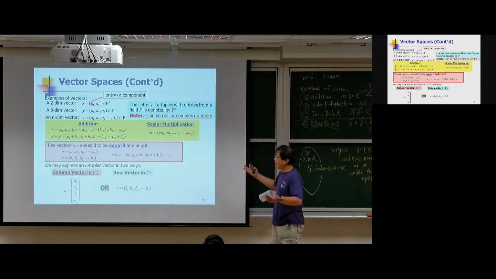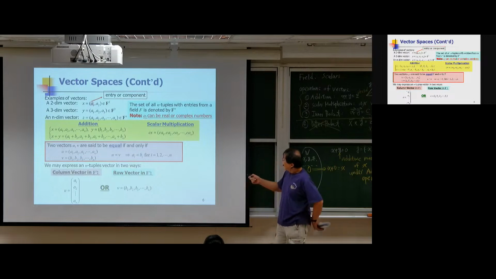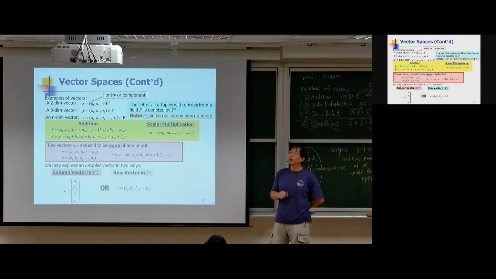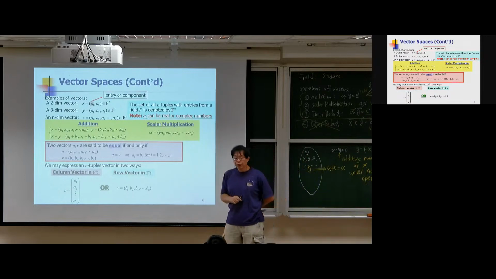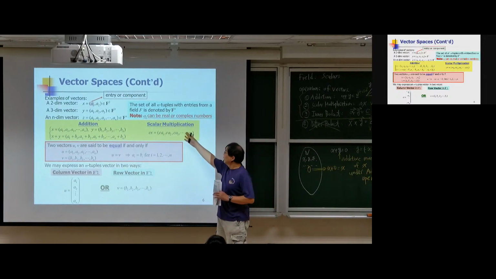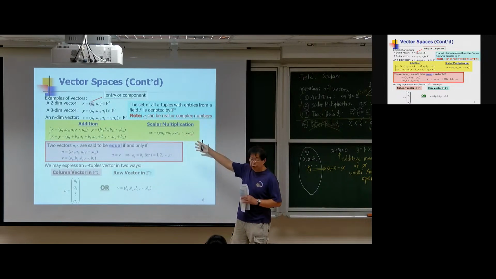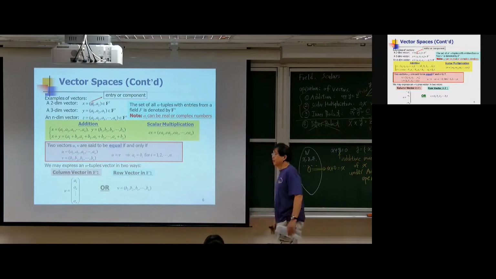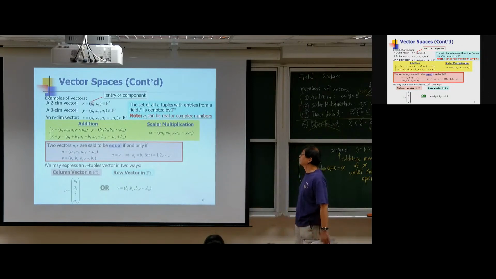Then we can extend the vector to an n-dimensional vector space, and each n-dimensional vector will be an n-tuple column vector. Each ai can be real or complex, just as I mentioned. In your geometry math, you only learn that all the entries should be real numbers, but in fact, they can be either real or complex.